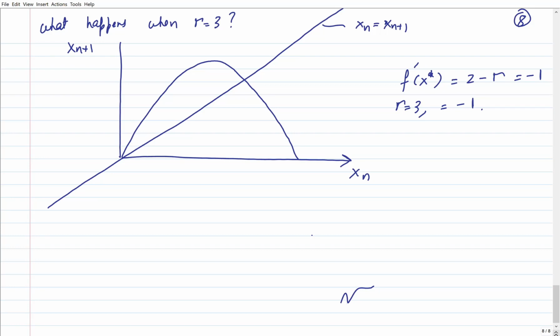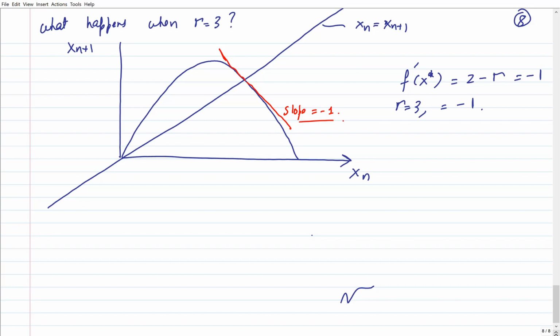So this slope is, I can use a different color, the slope is minus 1. And what happens over here?